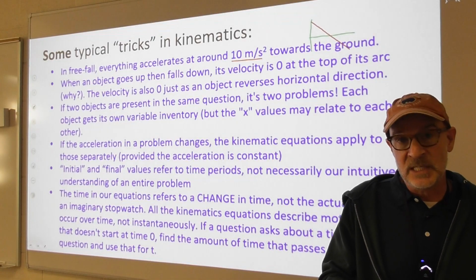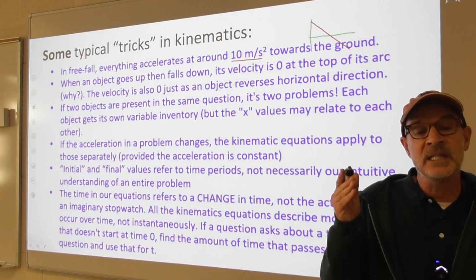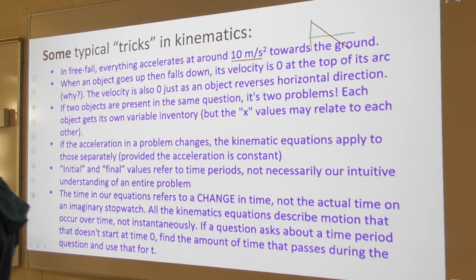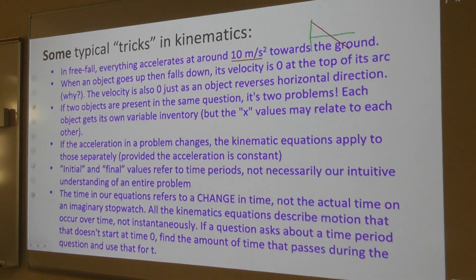So our final time is 16, but our change in time is 6, and that's what matters. Okay? So these are not things you need to write down. These are things that will trip some of you up at various points, and what you'll need to do is just come back to this slide, and unfortunately there's other things too. These are some of the typical tricks that you'll see.